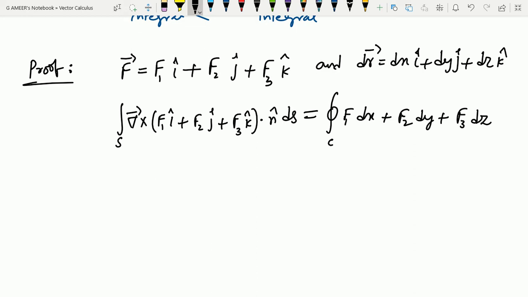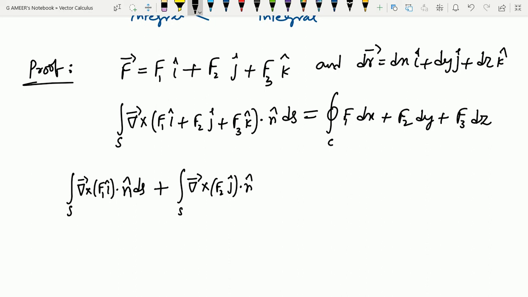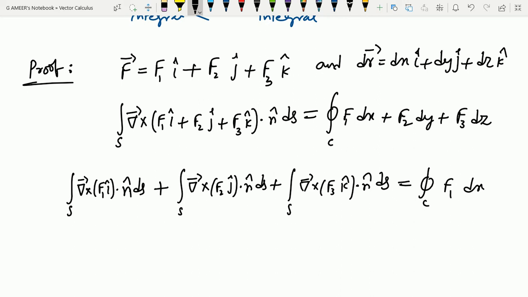This is the scenario. So this can be written as the surface integration of del cross F1 i dot n cap dS, plus the surface integration of del cross F2 j dot n cap dS, plus the surface integration of del cross F3 k cap dot n cap dS, which will be equal to the integral along the curve C of F1 dx, plus along that curve F2 dy, plus along the curve C, F3 dz.